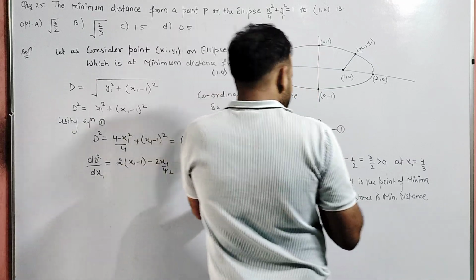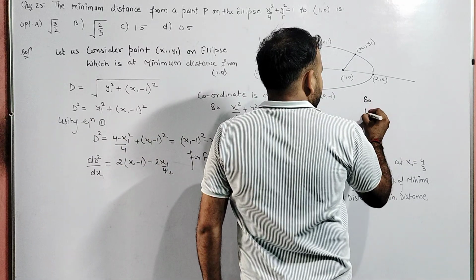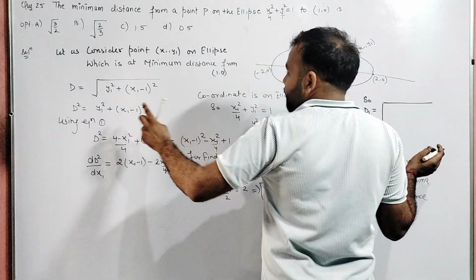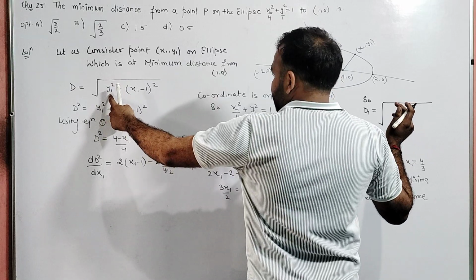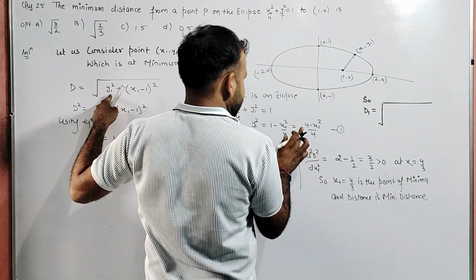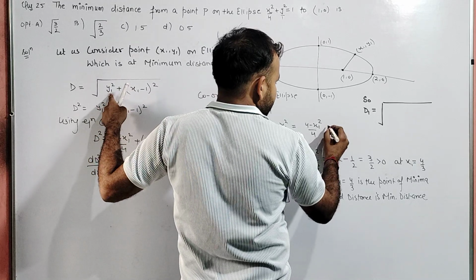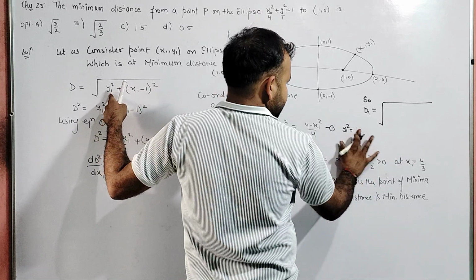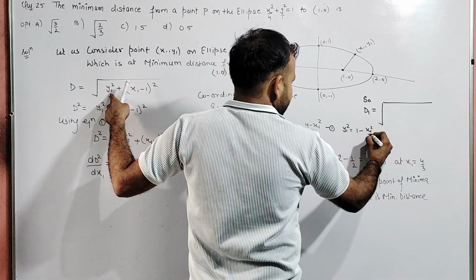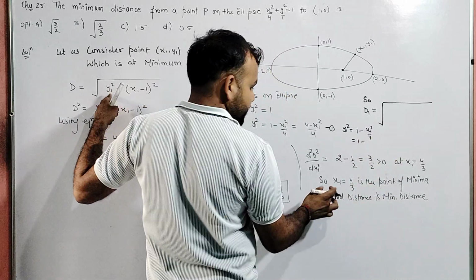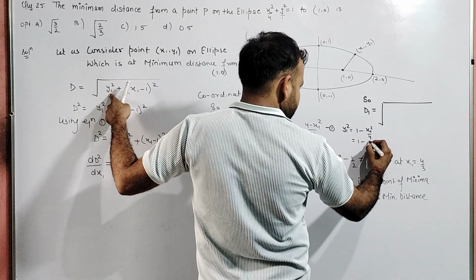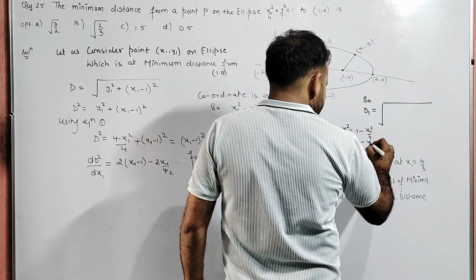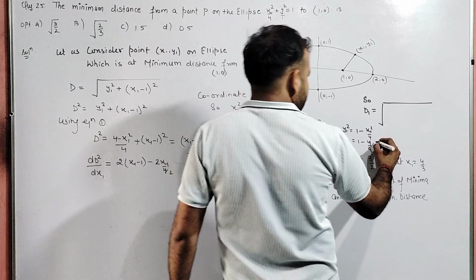So our d is equal to square root of y1 square plus x1 minus 1 whole square. First of all, we need to find out the value of y1 square. We can find it from this equation. So y1 square is equal to 1 minus x1 square divided by 4. 1 minus x1 square, that means 16 by 9, divided by 4, so this will become 5 by 9.